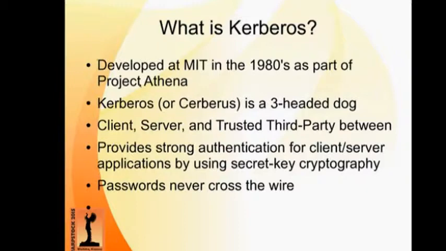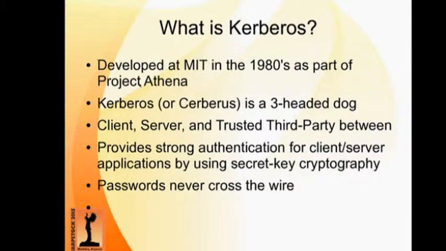So Kerberos, or Cerberus, is a three-headed dog, right? Well, in this case, the name fits, and the name was chosen because we really do have a three-headed dog. We have a client, we have a server, and we have a trusted third party in between. By client, we mean a user of resources. By server, we mean a provider of resources.